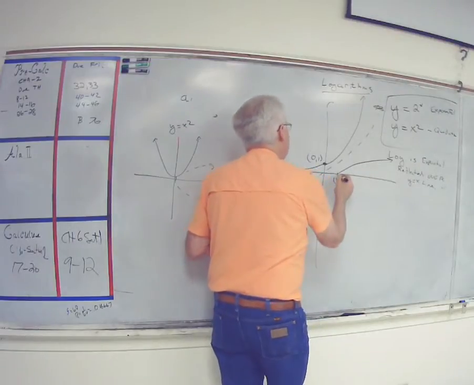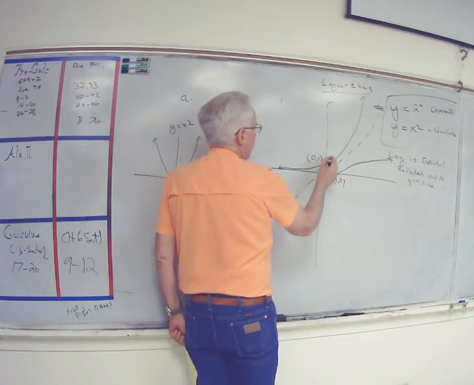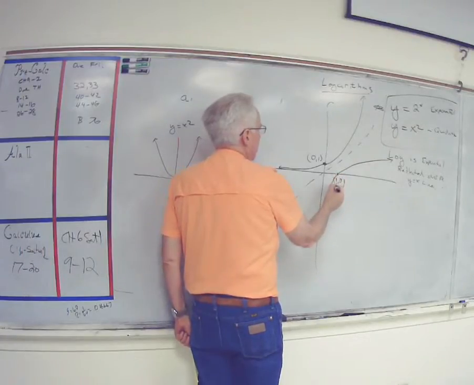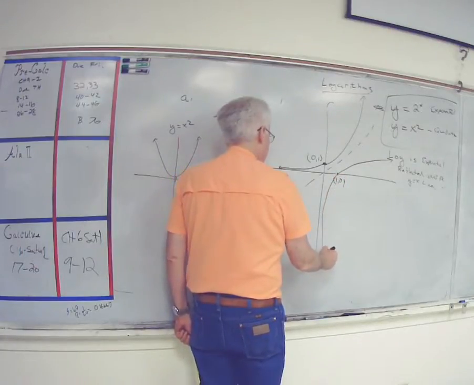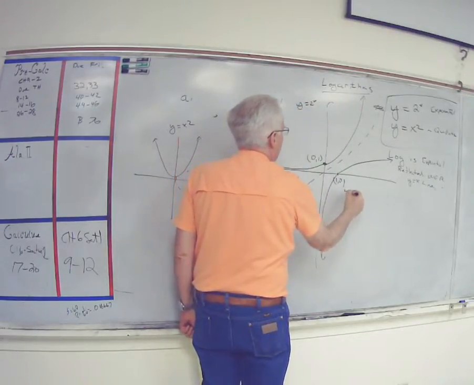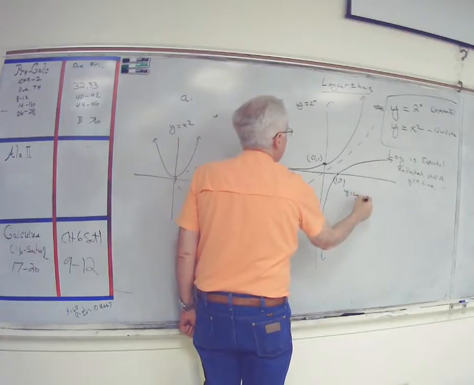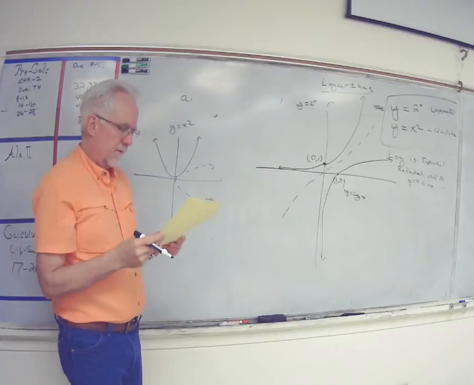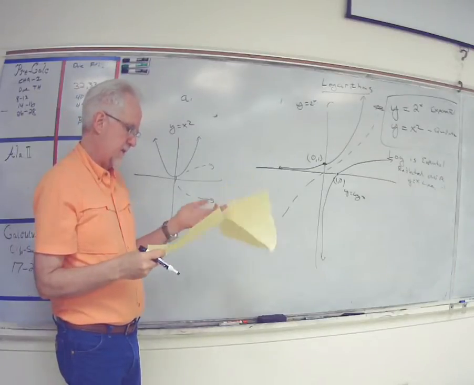And then down here, instead of approaching the x-axis, it's going to approach the what? The y-axis. And it's going to look like this. So this is y equal 2 to the x, and this is y equal log of x. We'll talk a little bit more about what the log function is. But does that make sense?